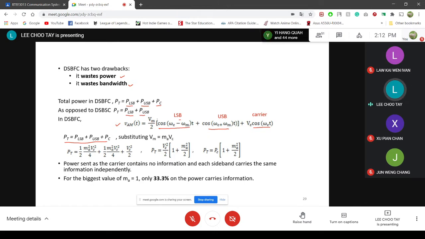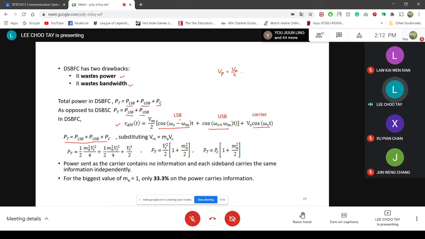Of course, you have V square over R, V RMS square over R. But in a communication system, unless R is given, we always treat R as 1. In this case, my peak amplitude is Vm over 2 for lower sideband and upper sideband. V peak is Vm over 2.